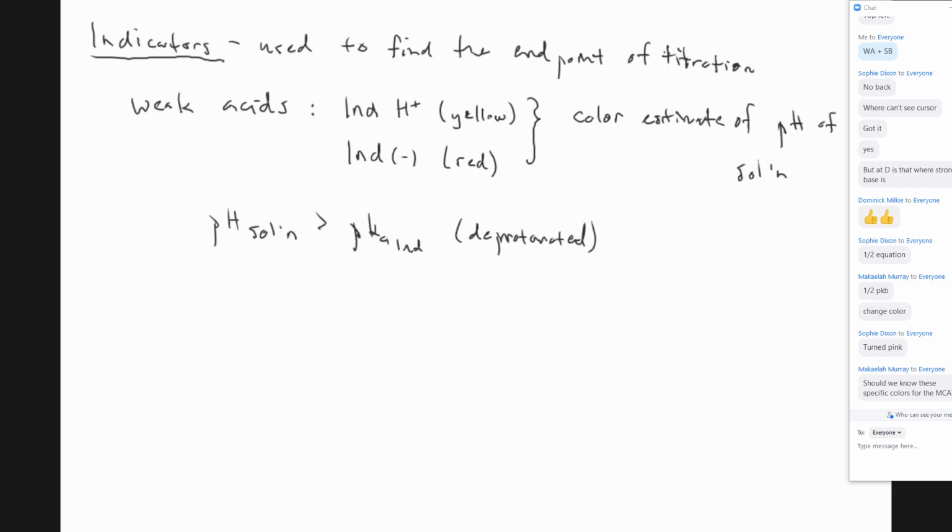You don't have to remember specific indicators. You can, but you don't really need to for your MCAT. So if the pH of a solution is less than the pKa of your indicator, it's going to be protonated. And it changes color. So then there's a color change between the two, right?